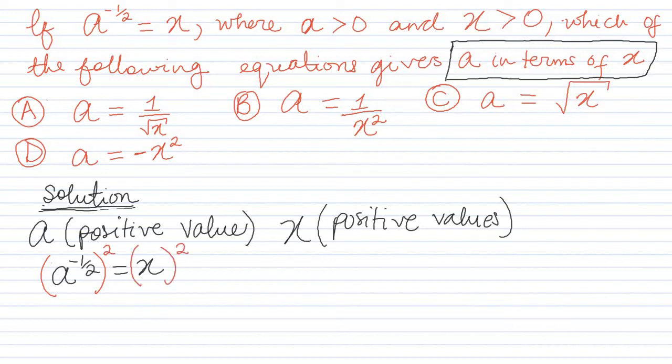So you have a raised to the power of -1/2, all squared, equals x all squared. That's the same thing as a raised to the power of -1/2 multiplied by 2. Because, for example, a squared is the same thing as saying a to the power of 2 times 2.